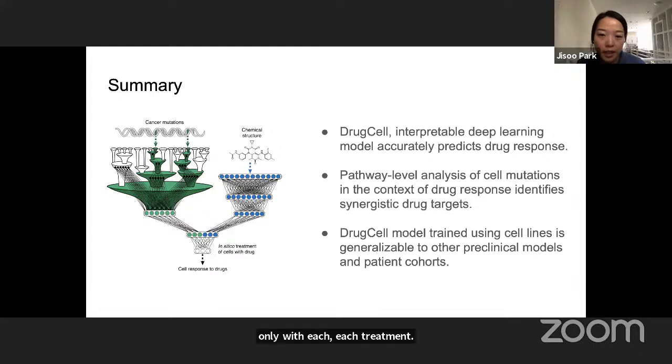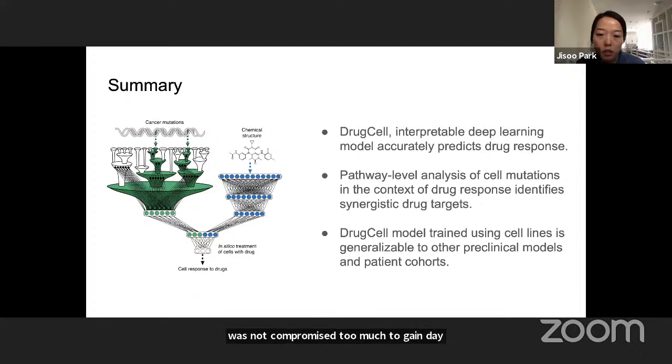With all that said, let me summarize what I have presented so far. Today, I introduced an interpretable deep learning model for drug response prediction and have shown that its predictive performance was not compromised too much to gain the interpretability.